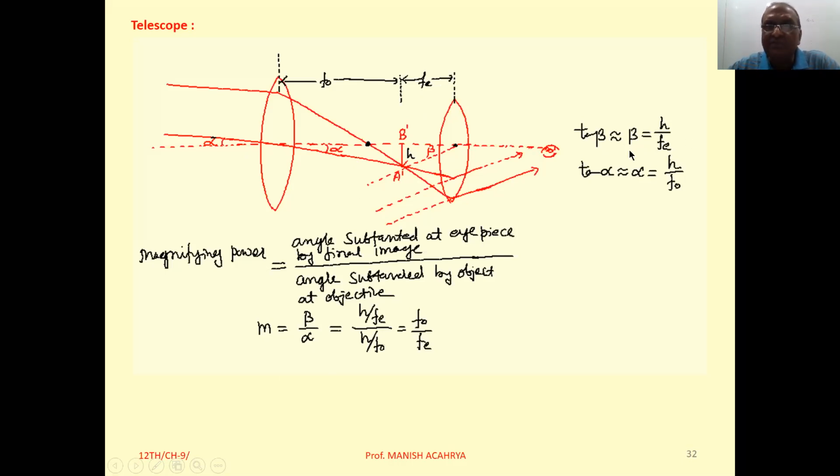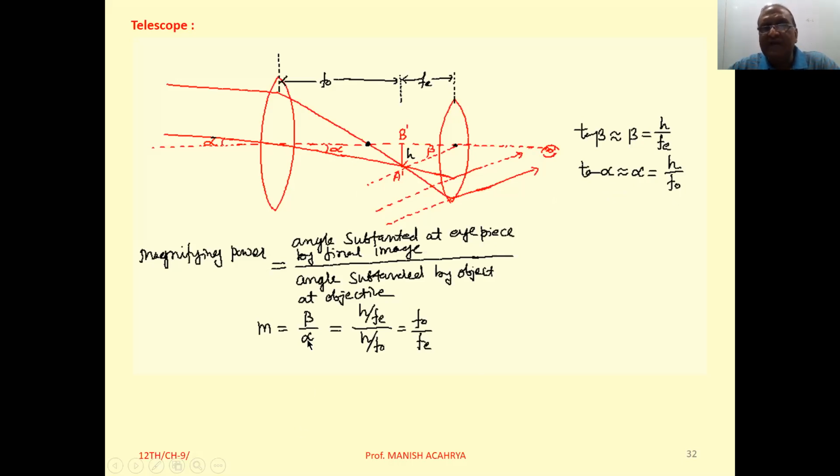Beta is very small, so tan beta is nearly equal to beta, that is H upon Fe. Similarly, in the figure we can see tan alpha is again opposite, A dash B dash, that is H, upon adjacent Fo. Alpha is again very small, so tan alpha is nearly equal to alpha, that is equal to H upon Fo.